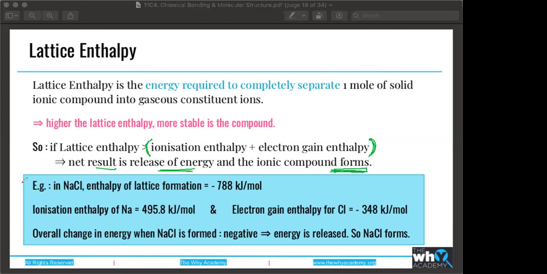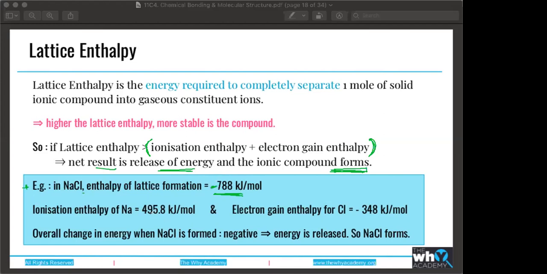If you look at it, these are the actual calculated values. In the formation of NaCl, the enthalpy of lattice formation is minus 788 kilojoules per mole. This minus represents the fact that when the NaCl lattice is being formed, 788 kilojoules of energy is being released.